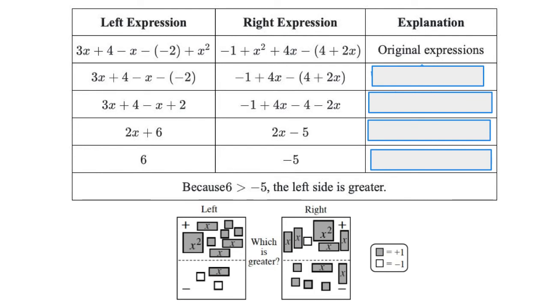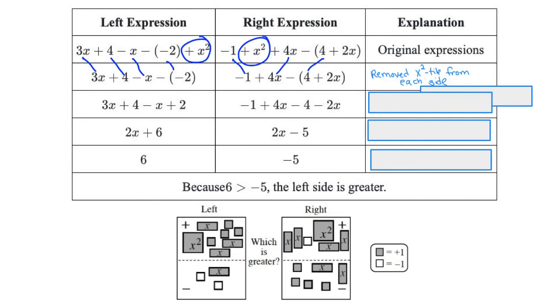To figure out what Athena did to go from one step to the next step, what I like to do is just see what is the same and see if I can figure out what changed. So for these, it looks like what changed is there's no longer an x squared on each side. So what she had done is she had removed the x squared tile from each side.